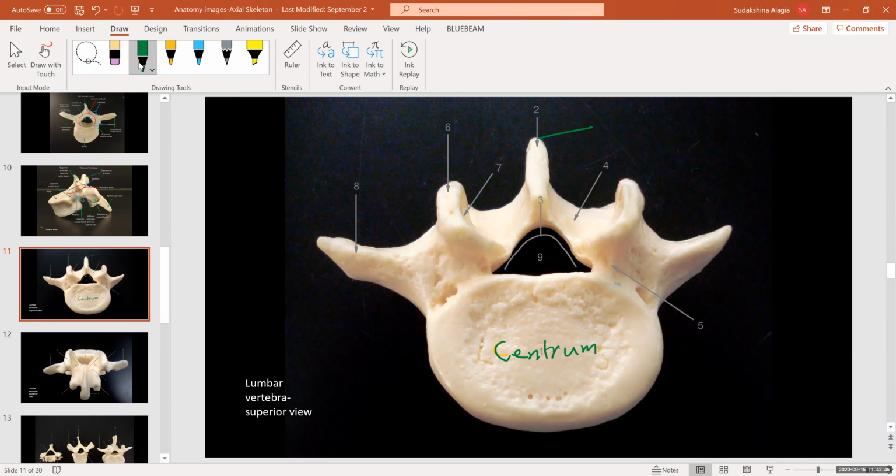Spinous process. The first two things you want to identify are the centrum, which is basically the anterior aspect of the vertebra, and the spinous process, which is toward the posterior aspect.